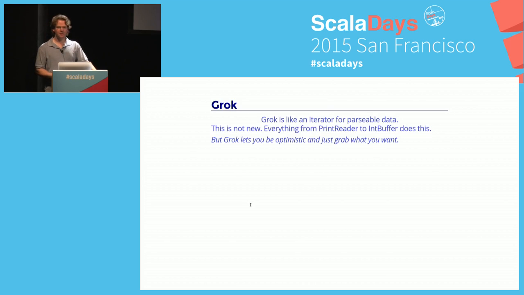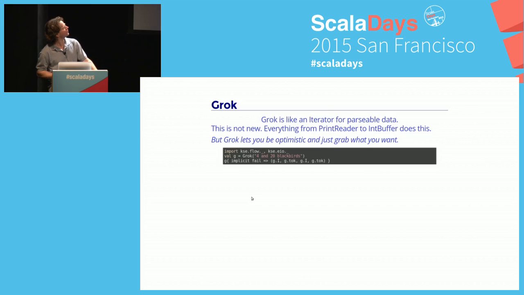But it lets you safely be optimistic and just go out and grab everything that you want, put it together in the shape that it's supposed to be, and then arbitrarily far on the outside, it'll catch what went wrong. So here's an example. We're going to grok this string, 4 and 20 blackbirds. And so we take this instance, the apply method is the thing that gives us our key, which we'll call fail, but we don't need to really refer to it again.